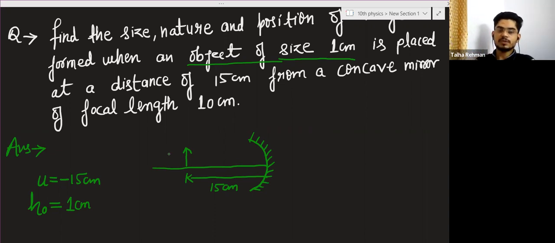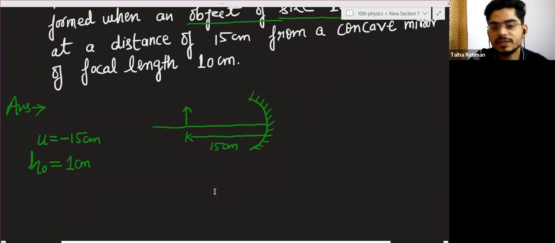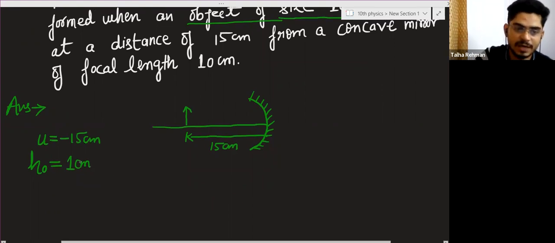When you go in front of the mirror, your position will be erect. You will not stand in front of the mirror upside down. If it is mentioned in the question that the object is placed vertically downward from the principal axis, only then can you take the negative height of the object.